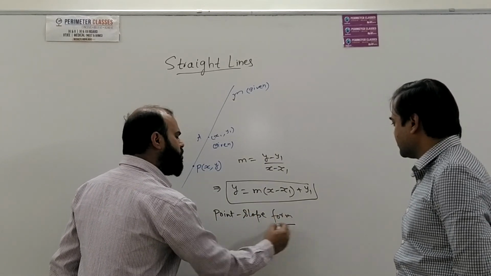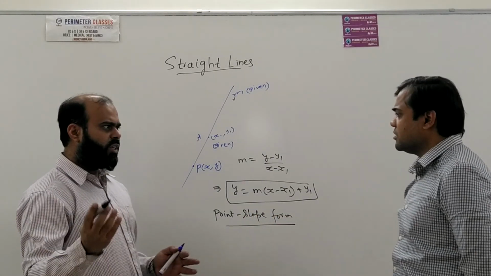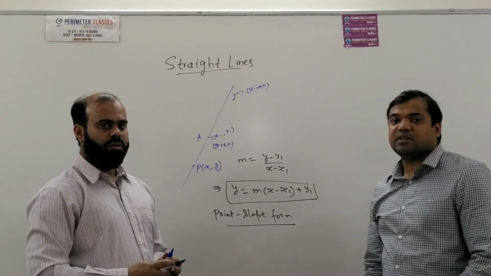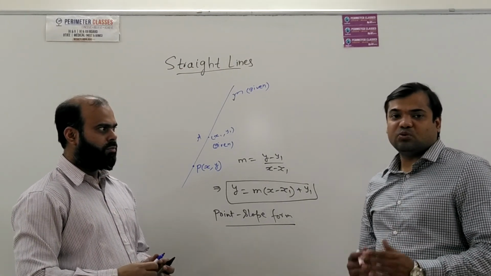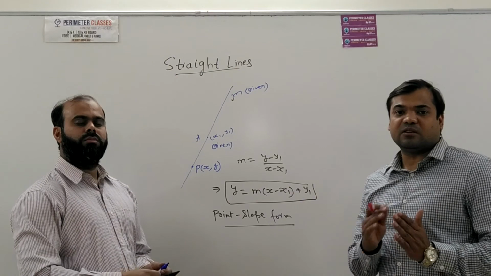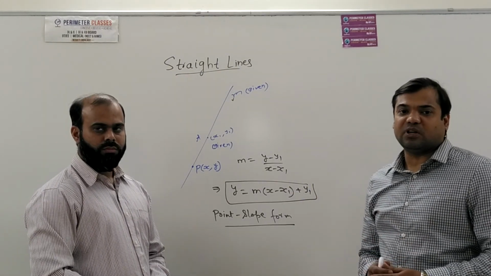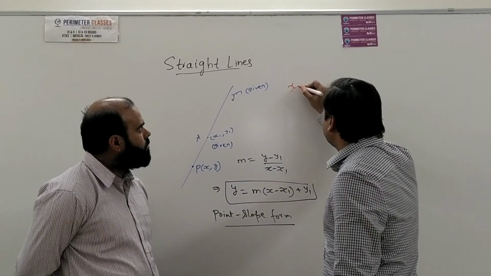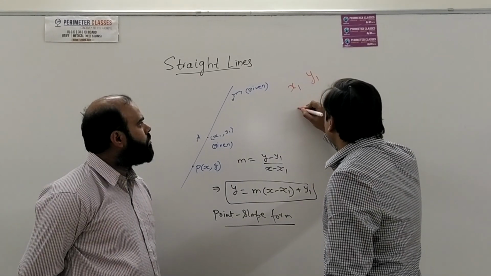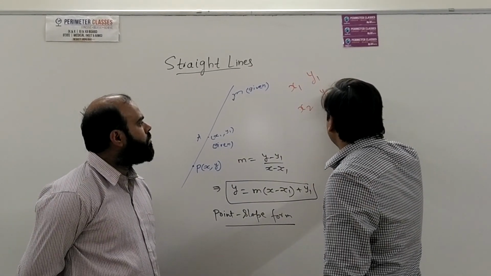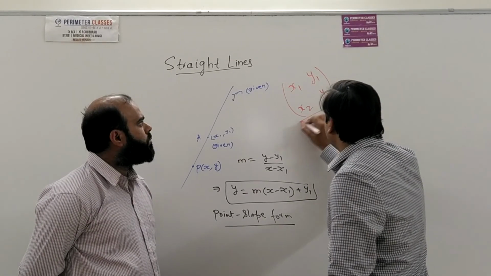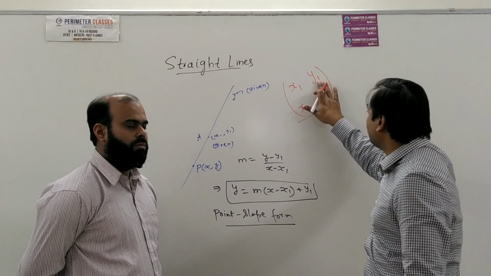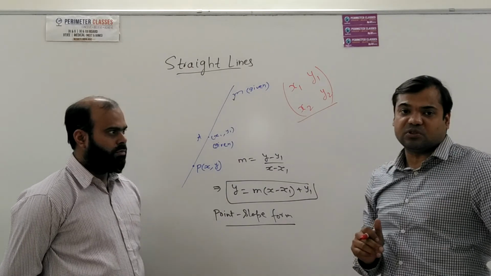There is another form also, the two-point form. Yes, that is also important. In some cases, you may need to find the equation of a straight line when the coordinates of two points are given. Let us say one point is (x1, y1) and the other point is (x2, y2). So the values of x1, y1, x2, y2 are known to us.